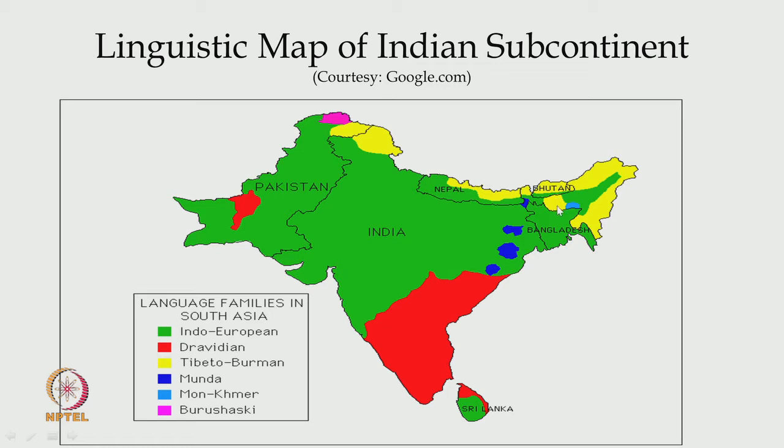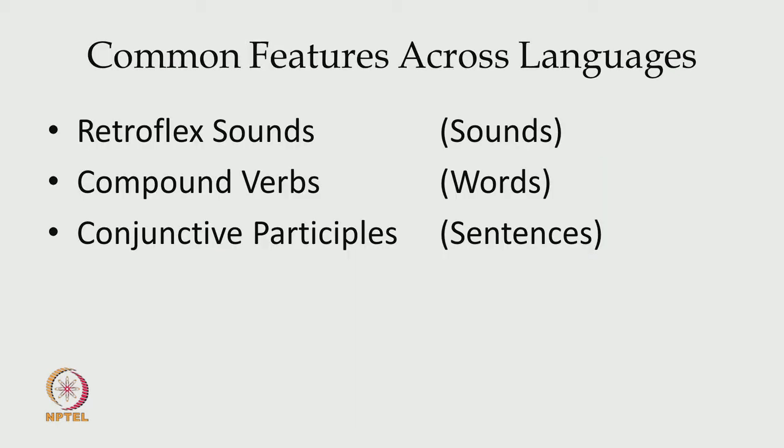A huge part of Assam also speaks some or the other Tibeto-Burman languages, and languages from the Tibeto-Burman family are also spoken in the Himalayan ranges of Nepal. This map of the Indian subcontinent shows the spread of language families in the geography.